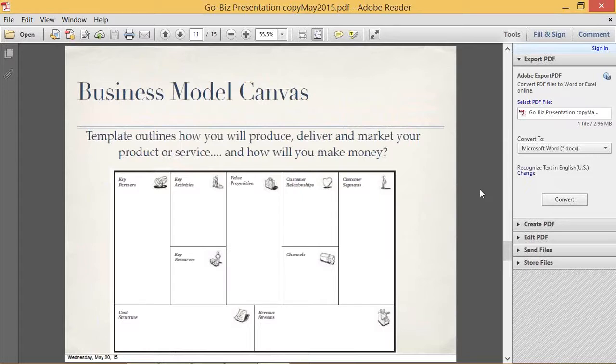And you're looking at who you are going to partner with, who are those individuals or organizations that are going to support you as you develop your business, what are the key activities that you're going to engage in, how do you get your product or service developed, how do you get it to market, what are the key resources that you need to tap into.